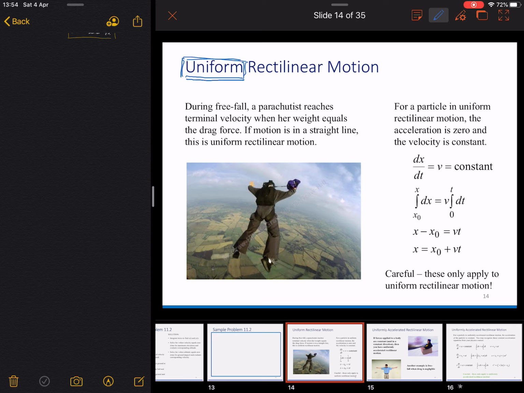So, uniform is for the particle in uniform rectilinear motions, the acceleration is 0.